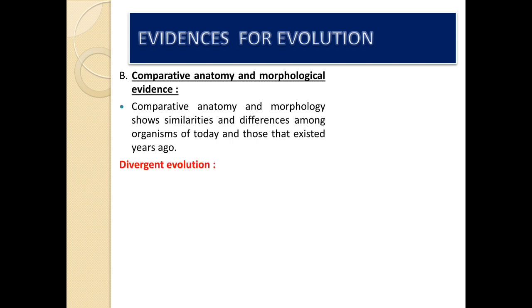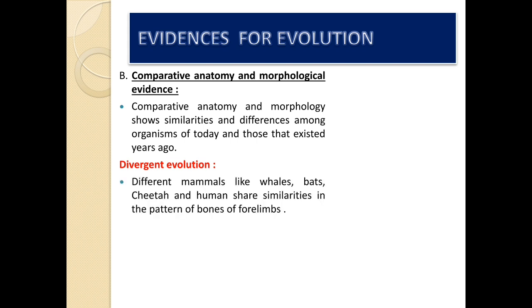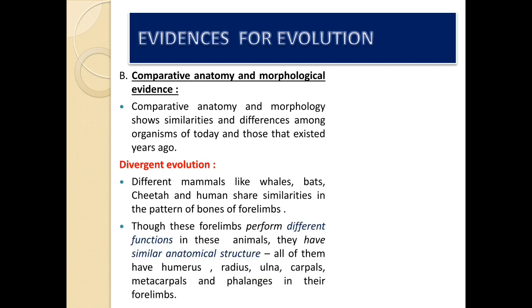Under this topic we will come to know about a term, that is divergent evolution. So now let us know what divergent evolution is. Different mammals like whales, bats, cheetah and human share similarities in the pattern of bones of forelimbs.